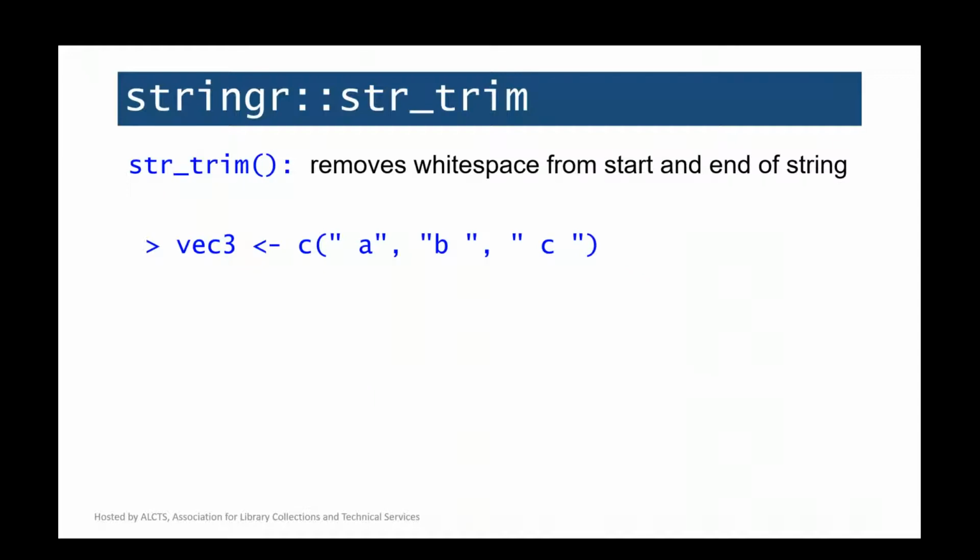One is called string trim, and what this does is remove white space from the start or end of a string. White space can get entered into a string for a number of reasons, accidentally, sometimes user input, sometimes a machine input.